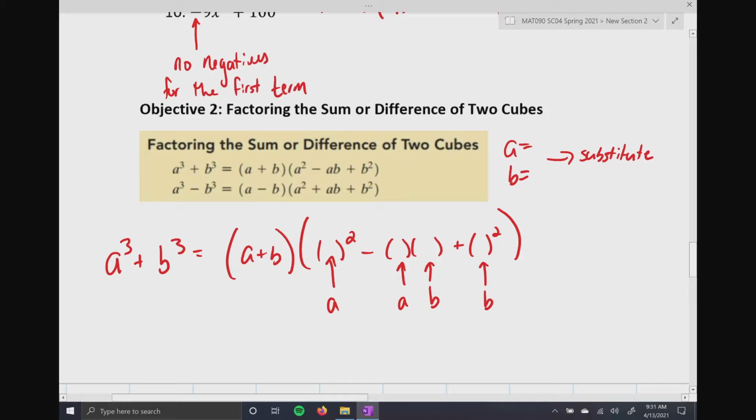All right? So personally, what I like to do is just write parentheses first, and then I'll clean it up. Then what I do is I clean it up, I square everything. All right?